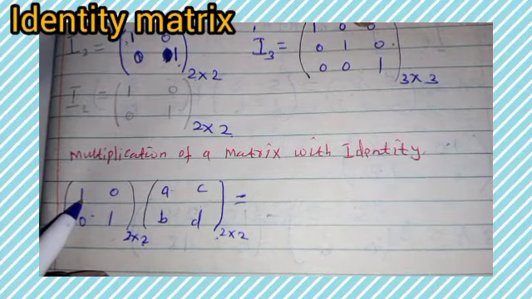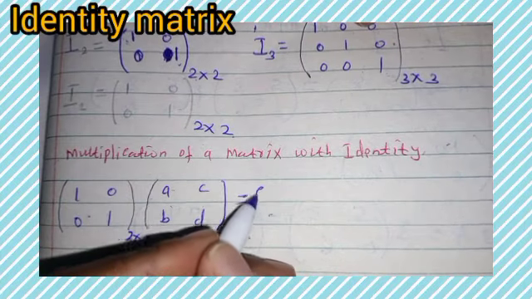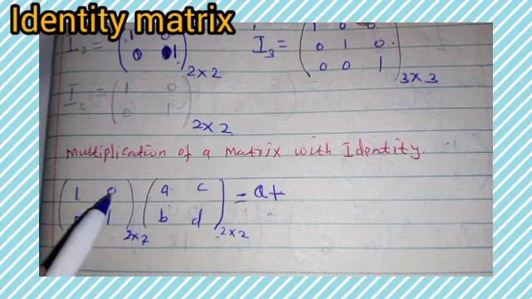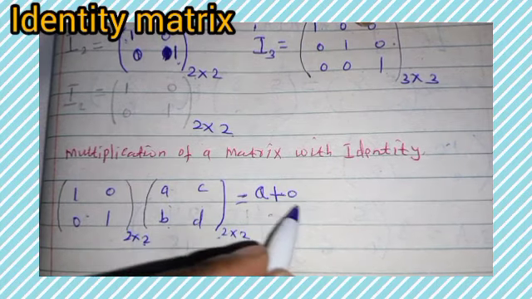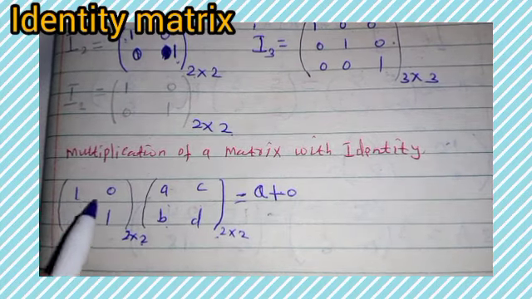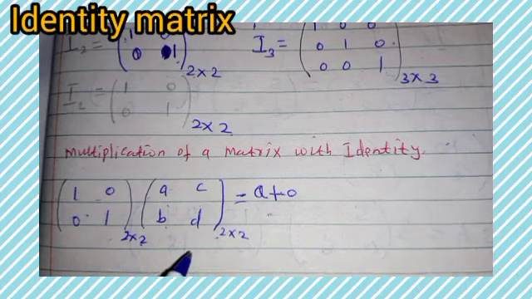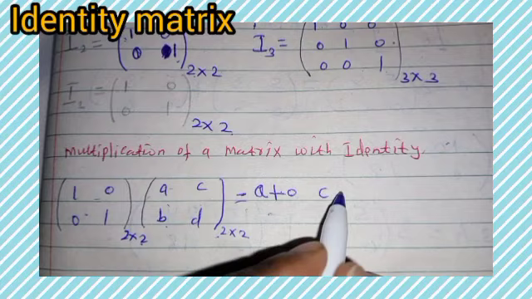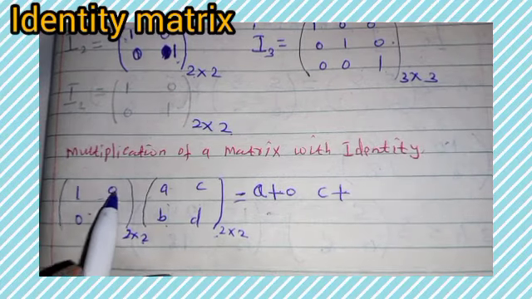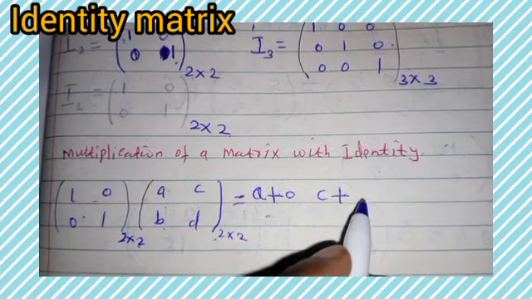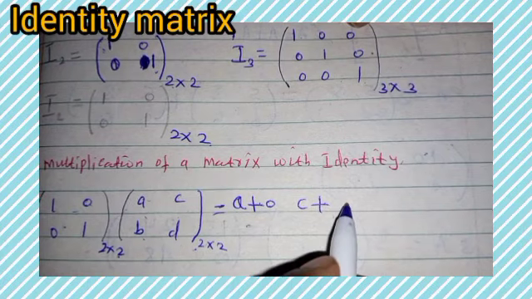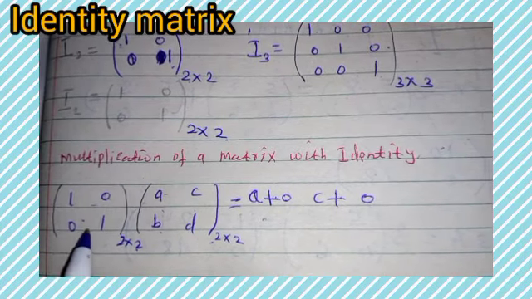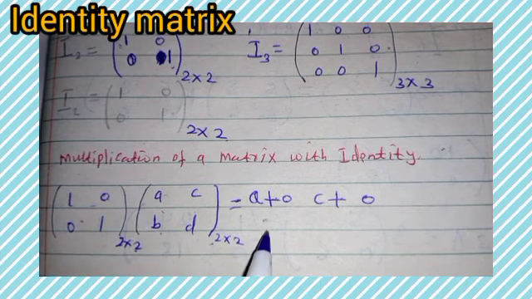So you will have 1 times A, which gives you A, plus 0 times B, which gives you 0. Second, first row, second column gives you the second element. So you have 1 times C to give you C, plus 0 times D to give you 0. Next, second row, first column gives you the element here.